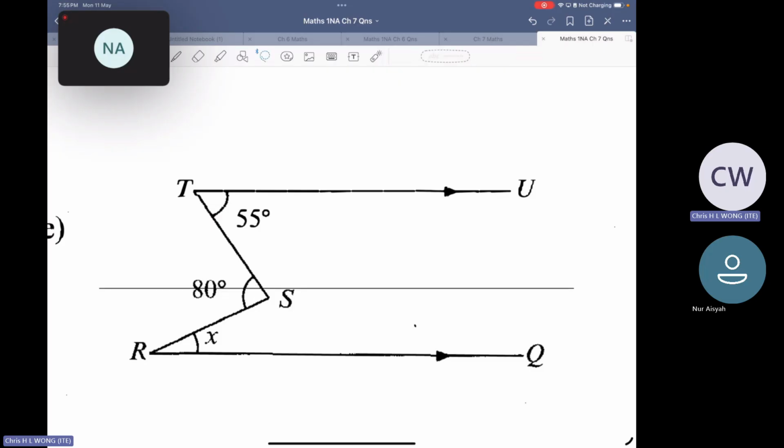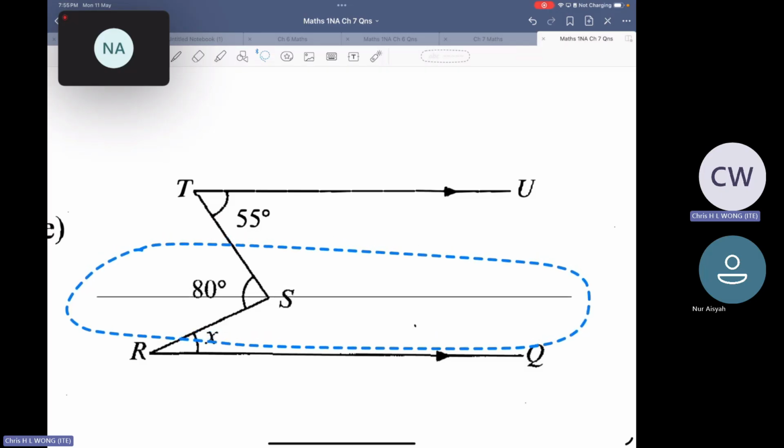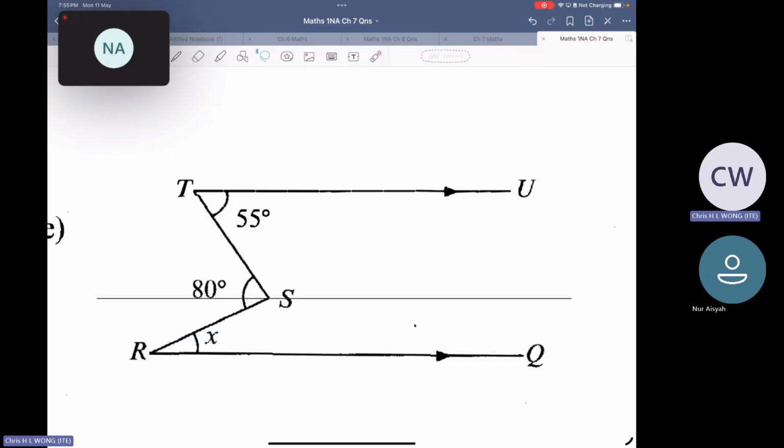I'm not afraid that it's not there, because I can cut and move it. But the one thing you need to do is you must draw this arrow to show that they are parallel.